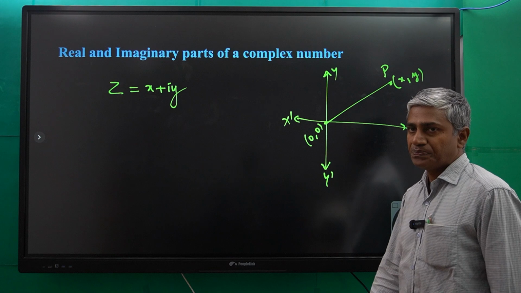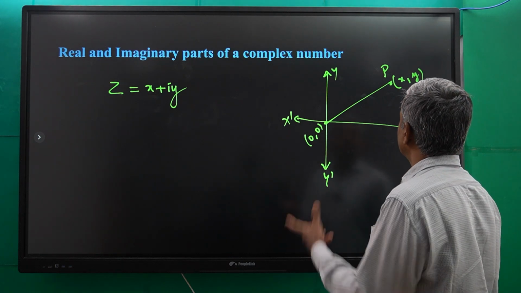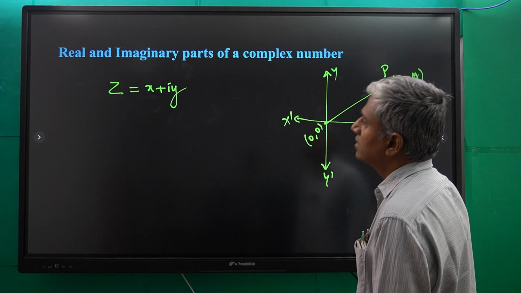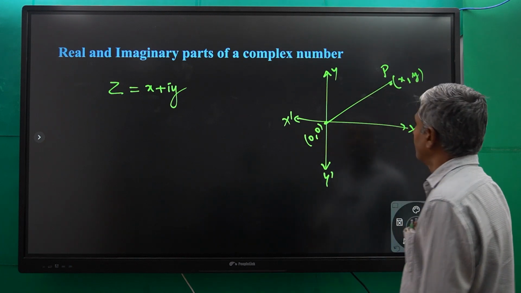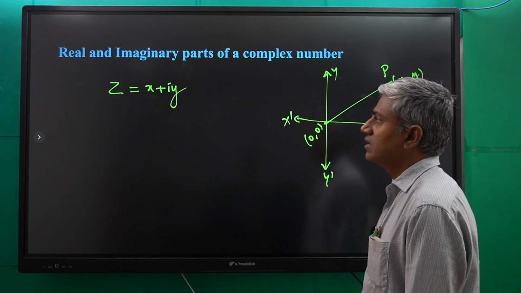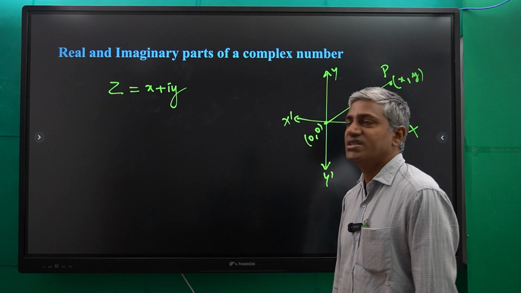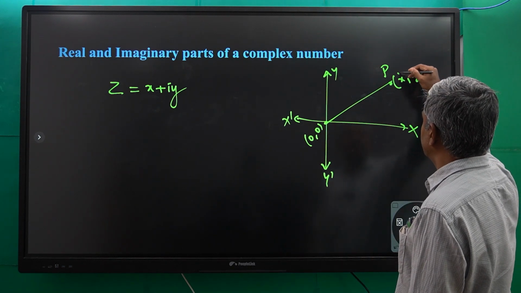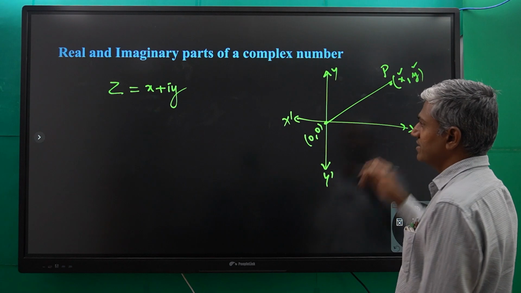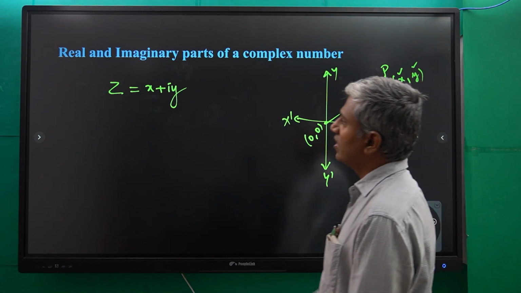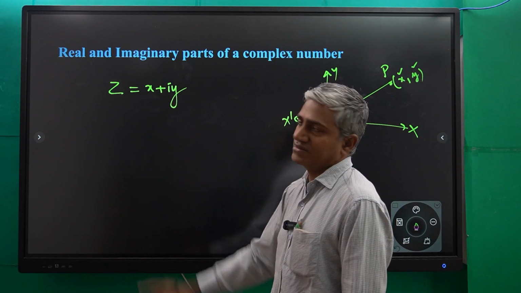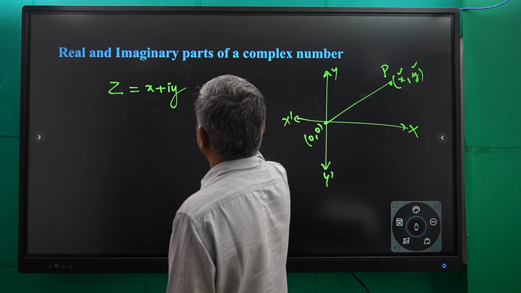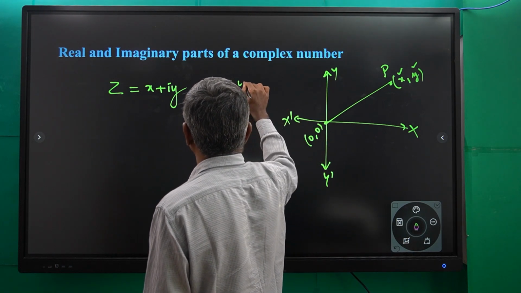Here the real axis and the imaginary axis are shown, x is the x coordinate and y is the y coordinate. So it is a combination of x and y, x plus iy, represented as x comma y.